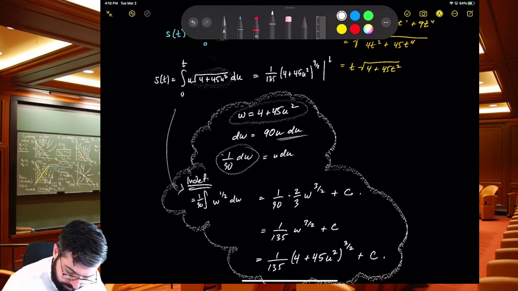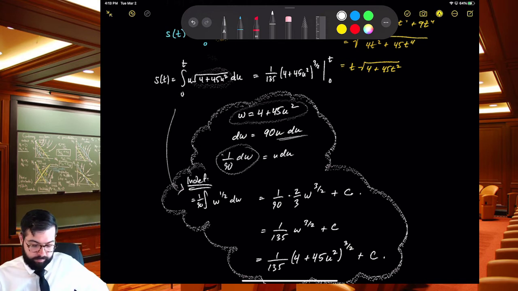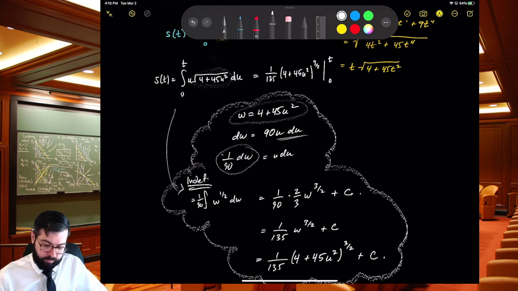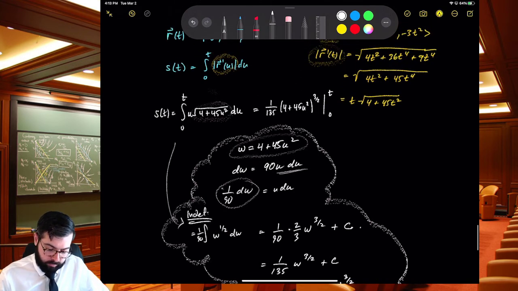This is all between t and 0. Just finding parking wherever I can right now.